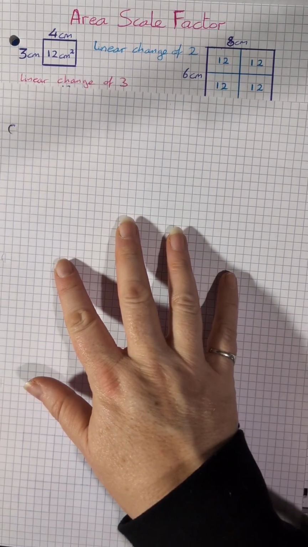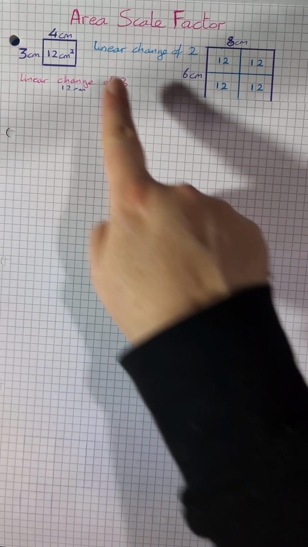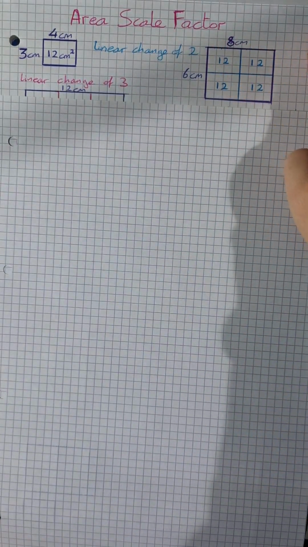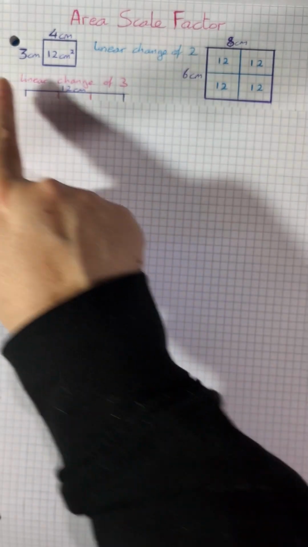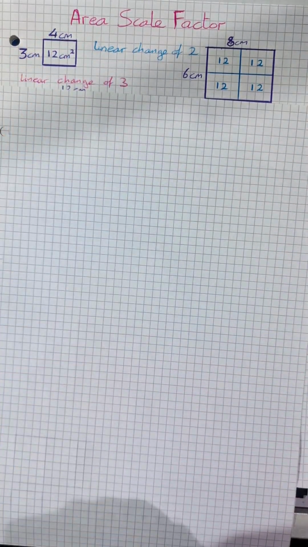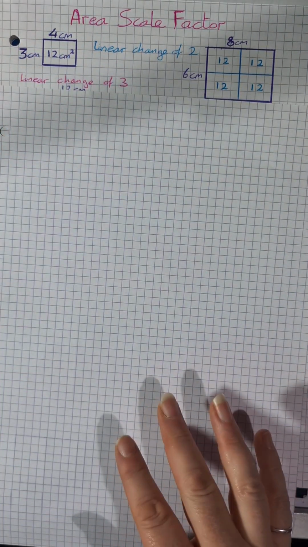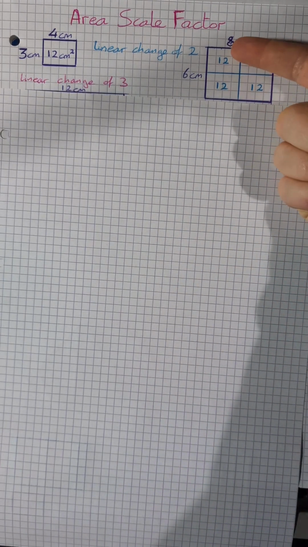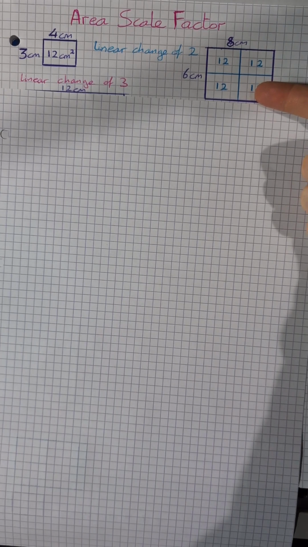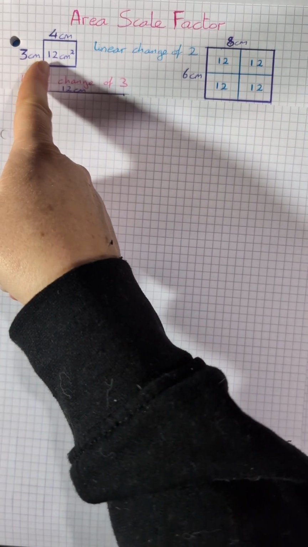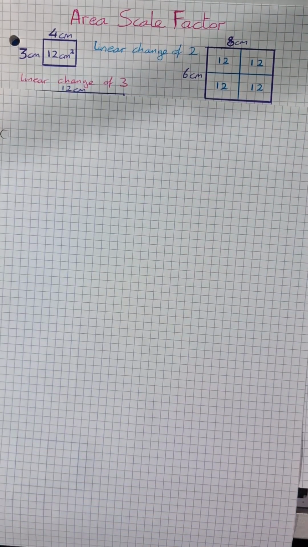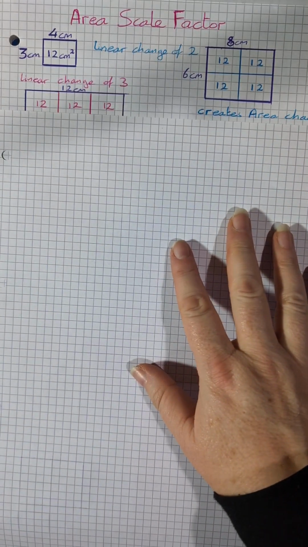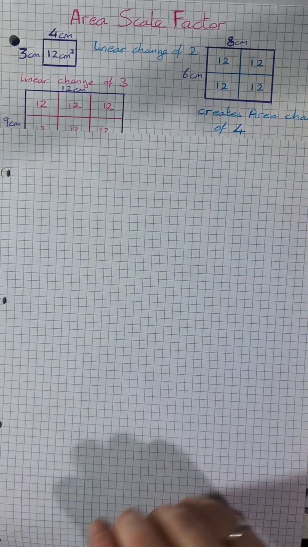If we do a linear change of 2, we end up with a shape that is 8 centimeters by 6 centimeters. That's our linear change. 2 times 4 is 8, 2 times 3 is 6. That gives us 4 times the area. So a linear change of 2 creates an area change of 4.